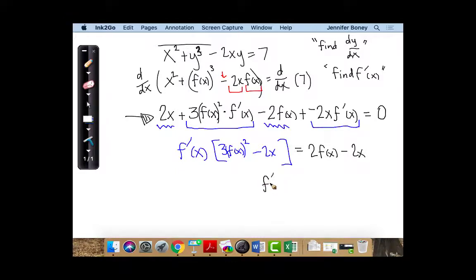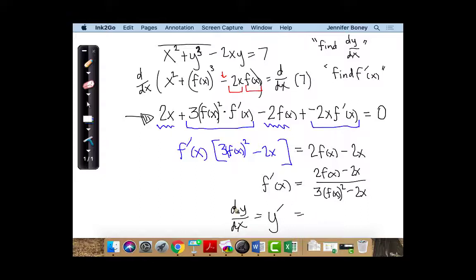And so f prime of x, I'm going to translate this back into y's in a minute, is 2f of x minus 2x over this stuff, 3f of x squared minus 2x.